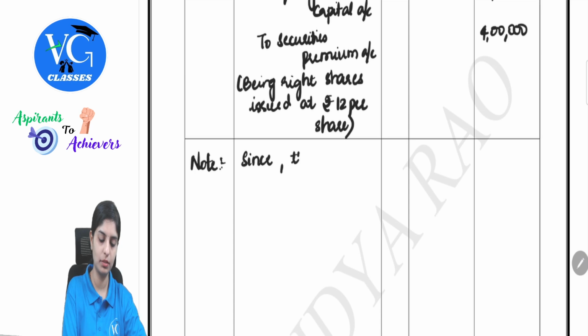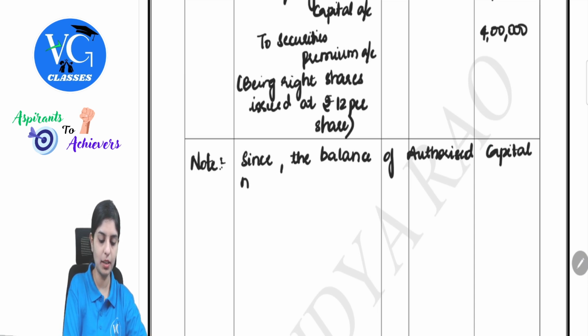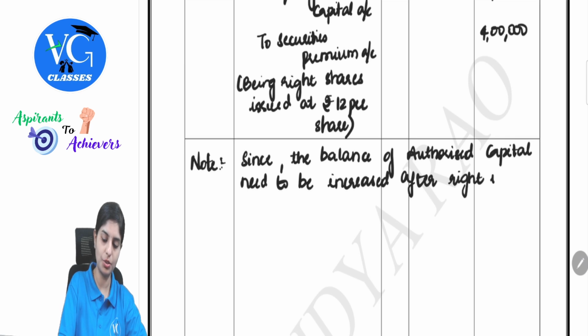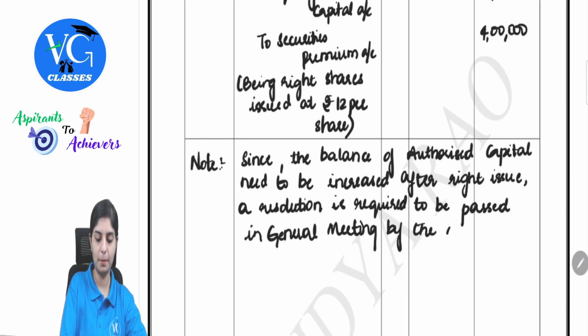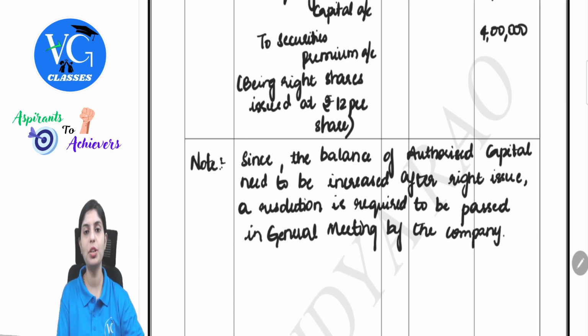Since the balance of authorized capital needs to be increased after rights issue, a resolution is required to be passed in general meeting by the company. So this is a note which you should mention.